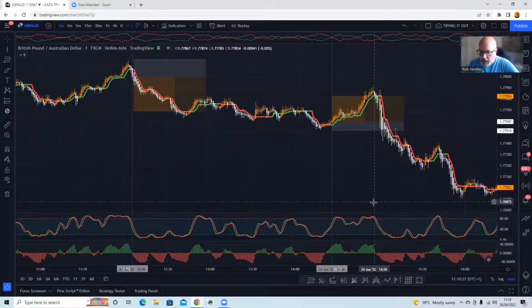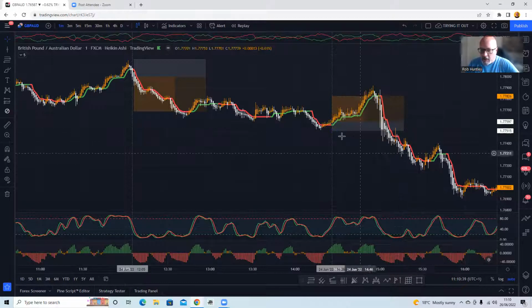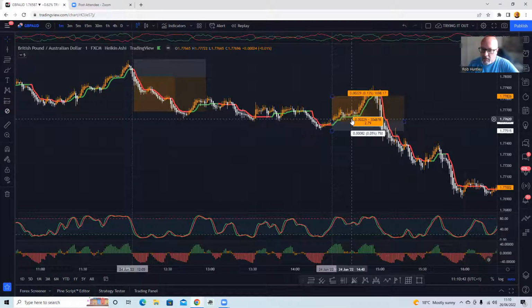You've got the heads up of the stochastic crossing red above green, and then at this point here you've got the QQE threshold changing from green to red, and then you get another opportunity to get in for another sell. So an opportunity there to make 23 pips, nearly 1 to 2.8 almost on that.